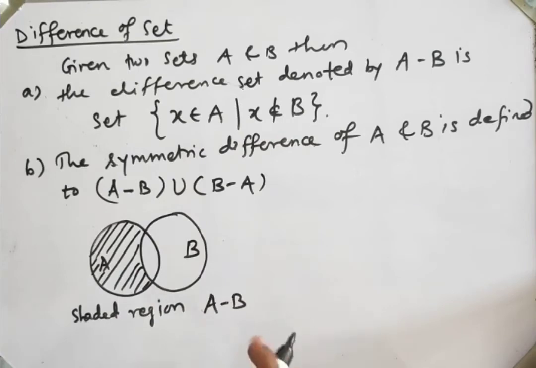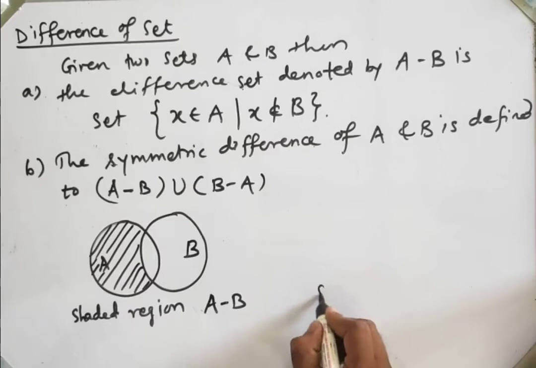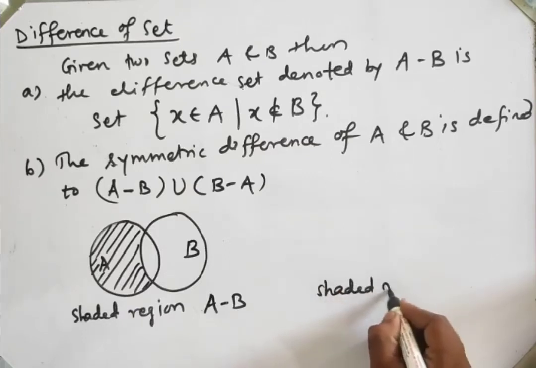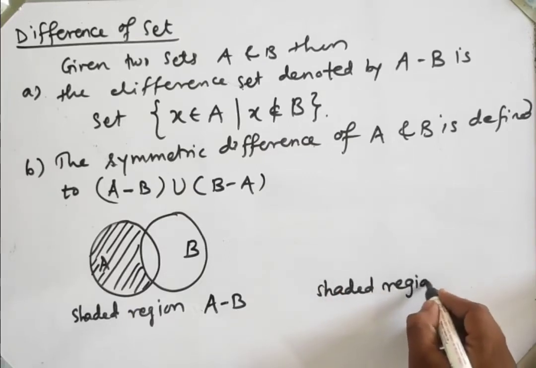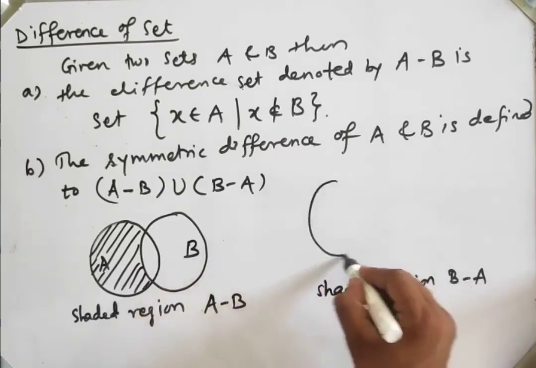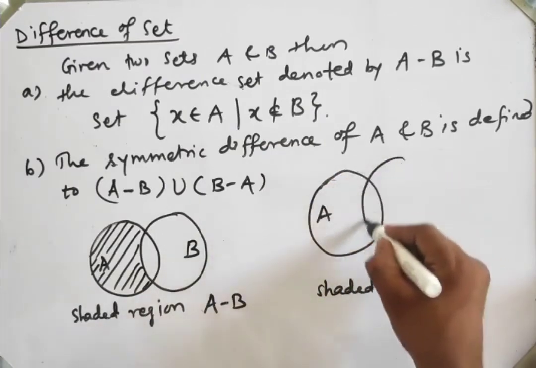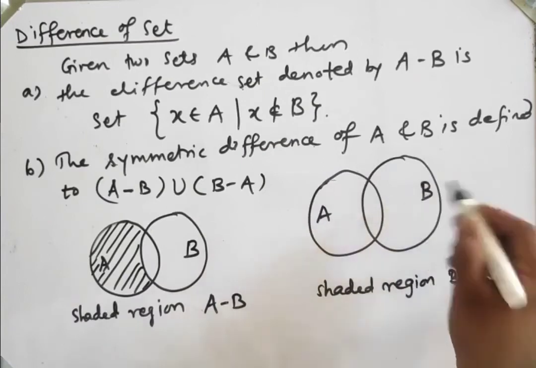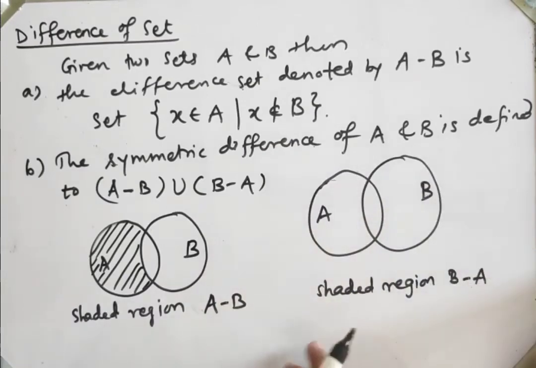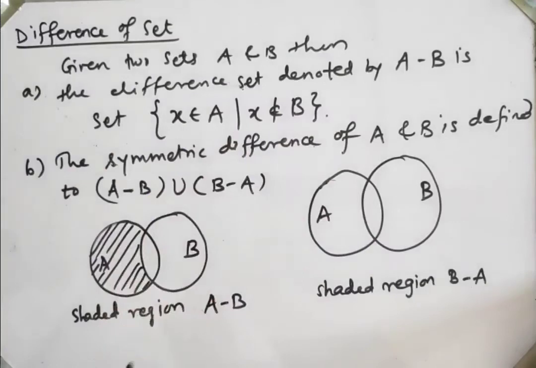What is the difference set B minus A? So we draw the shaded region for B minus A. Suppose this is set A and this is set B. A minus B is the set of all elements from set A which do not belong to B. So what is the shaded region for B minus A?